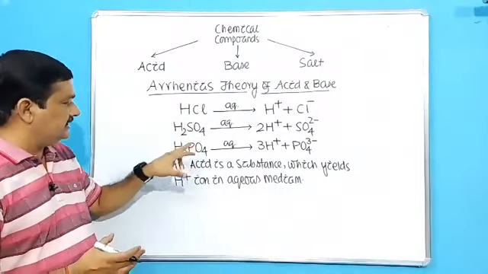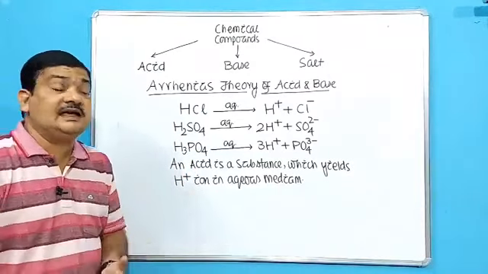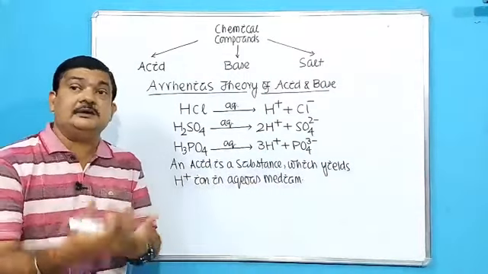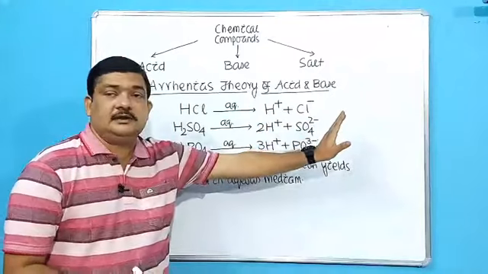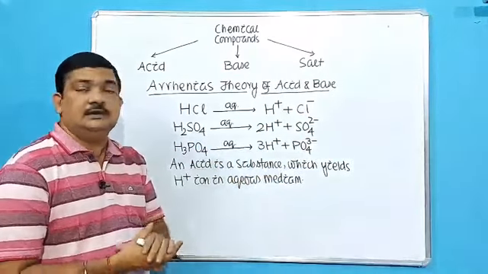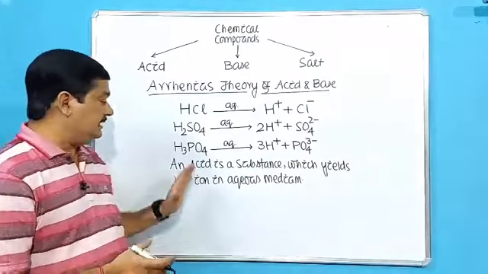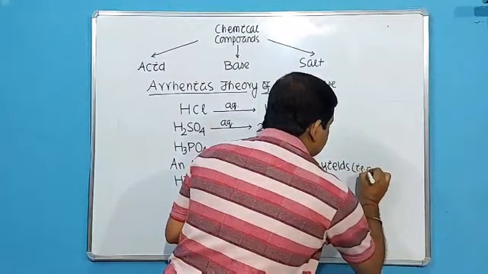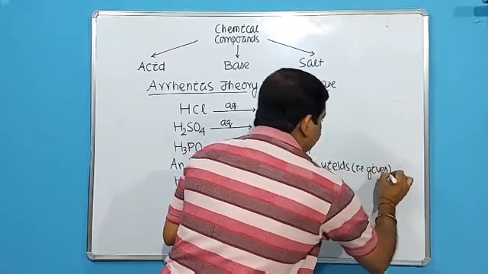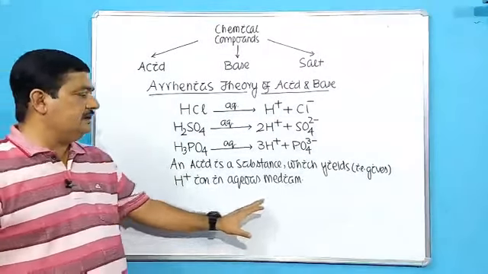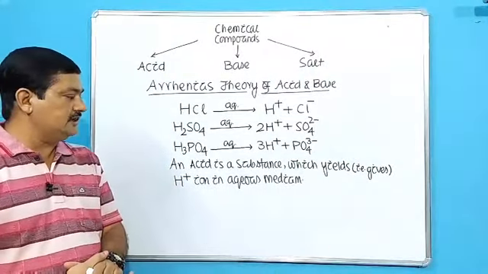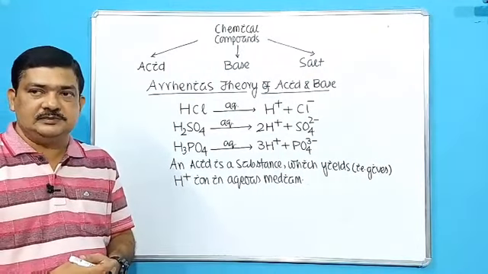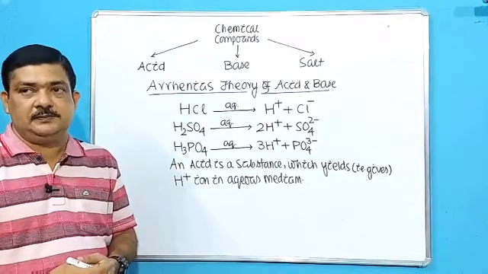Hydrochloric acid, sulfuric acid and phosphoric acid are all called acids. When they are added to water, that means in their aqueous solution, they ionize. Leaving aside the negative radical, the common ion is H plus. So an acid is a substance which yields, that is gives, H plus ion in aqueous medium. So any substance which yields H plus ion in aqueous medium is an acid as per Arrhenius theory of acid and base.